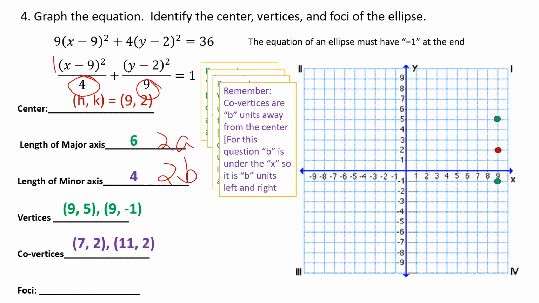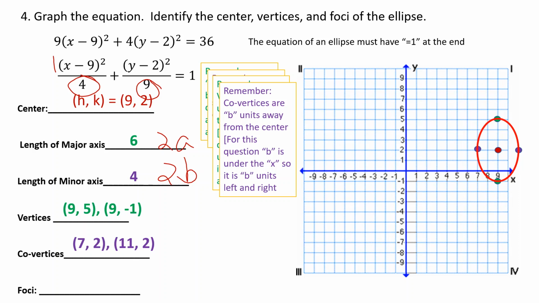So from here I have 1, 2. So I have one of the co-vertices at 7, 2. And if you count 1, 2, that's 10. You need one more here. That's 11, 2. So I put the co-vertices, and you can graph the ellipse.